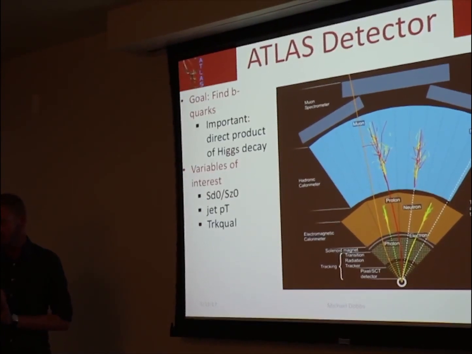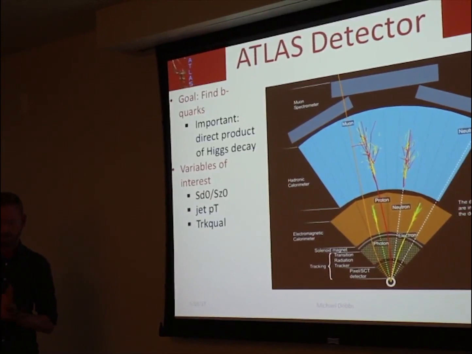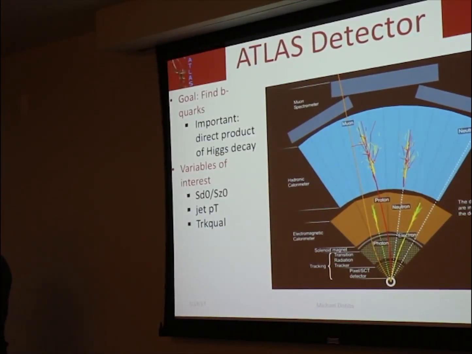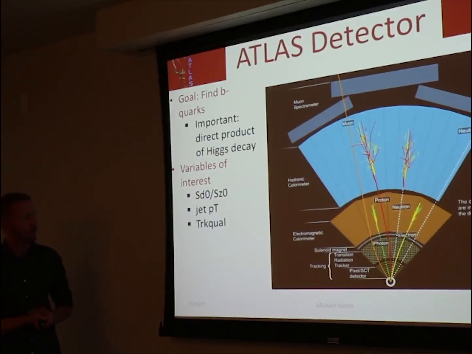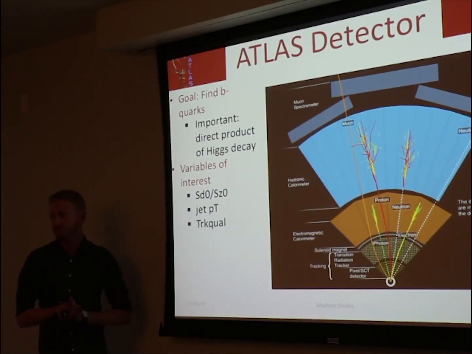It was just experimentally detected or proven to exist about a couple years ago, and it's the particle that gives other particles mass, so it's very important to know more about it. The point of the algorithm is to find those, because they only occur about one in a billion interactions. So finding those is important.